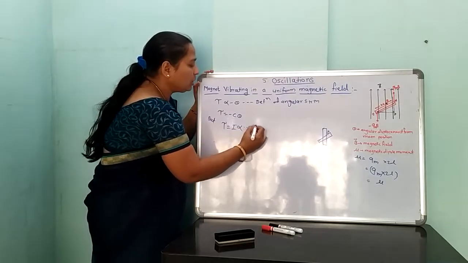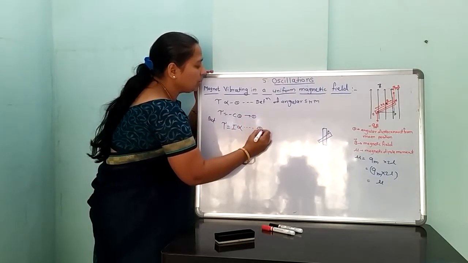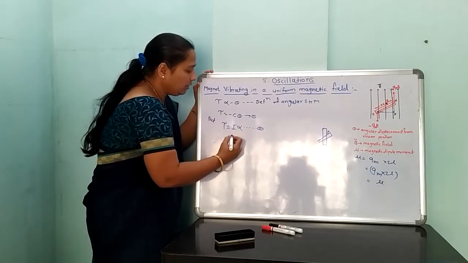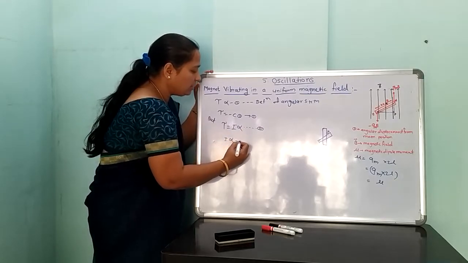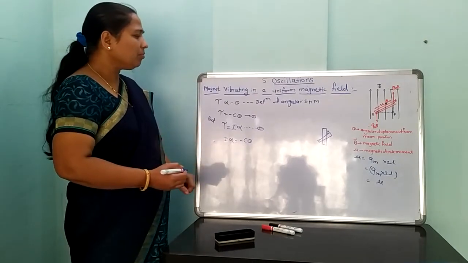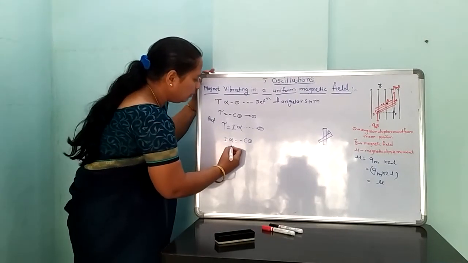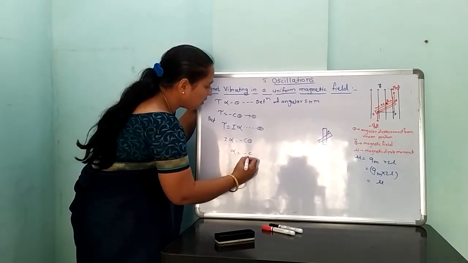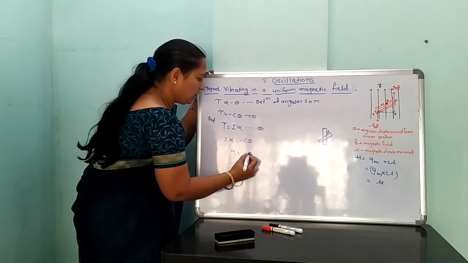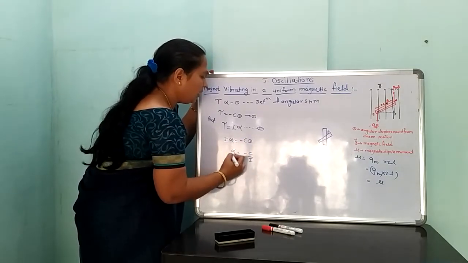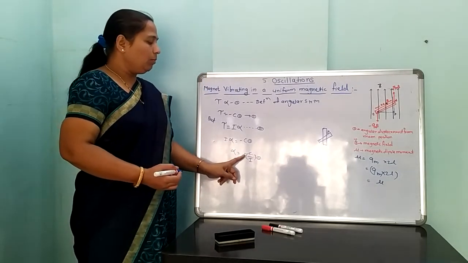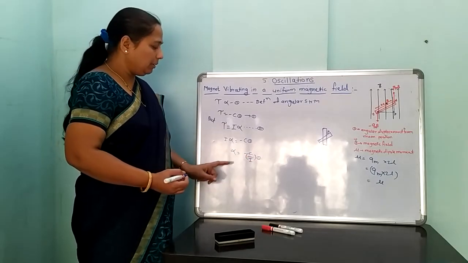Equating equations 1 and 2, I alpha is equal to minus C into theta, where alpha is equal to minus C upon I into theta.